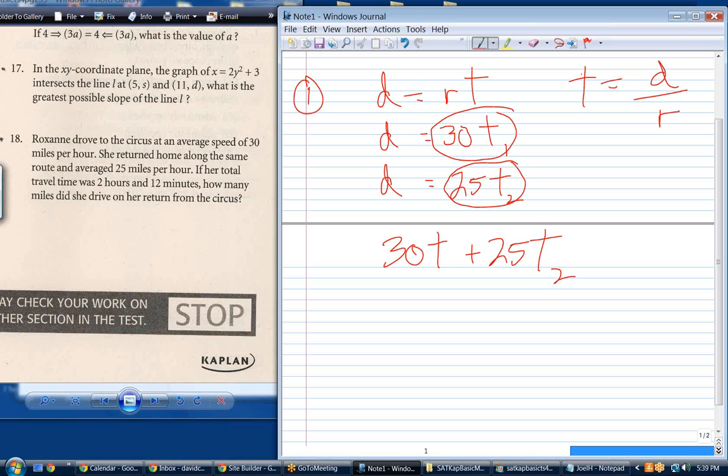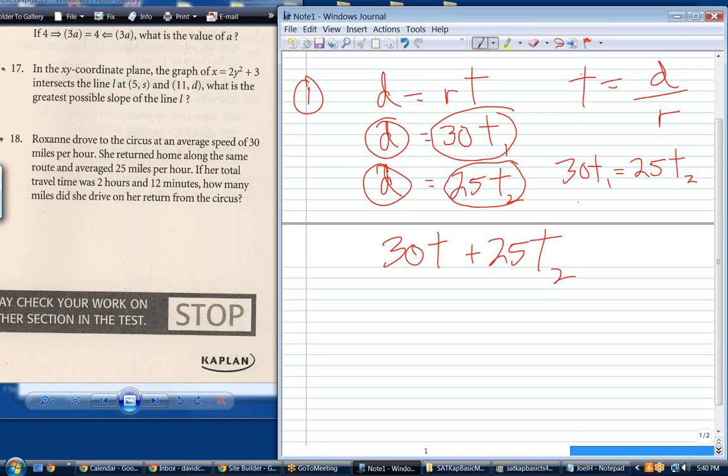Hold on a second. We know the total time, and we know the total distance. Now, it is true that 30t sub 1 equals 25t sub 2, because this d is equal to this d.